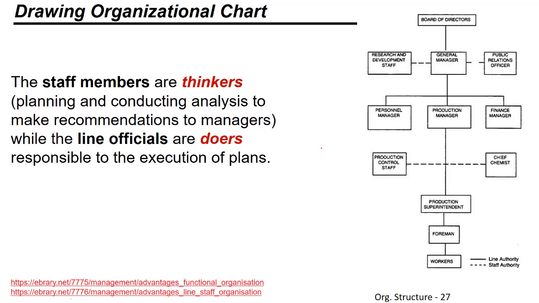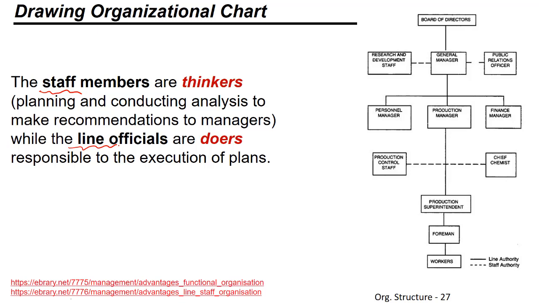Let's get down to the practical matter a little bit. How do you draw the organizational chart? And before we introduce some tools, there's a concept we need to understand, sometimes called line and staff.